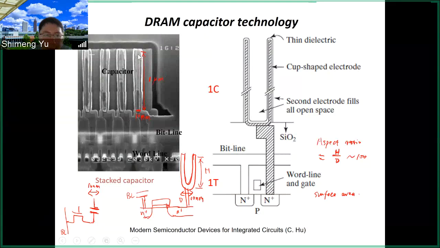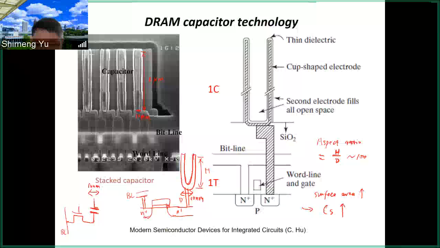Then your surface area will be much larger, even though you only occupy 10 nanometer by 10 nanometer lateral space. But for the surface area, you have to consider this height. So why do you want a large surface area? Because with a larger surface area, the capacitance will be larger.